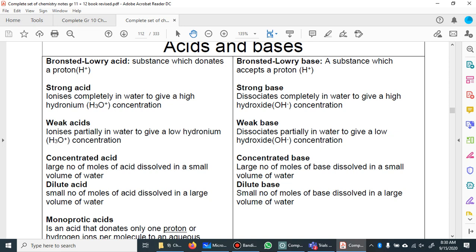So let's do an example of that. They ionize partially in water, in other words, not completely, and they give a low hydronium concentration.